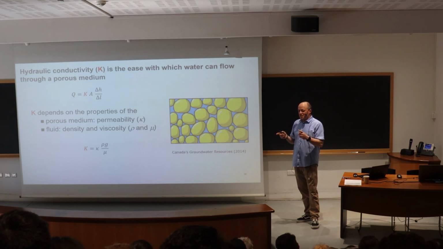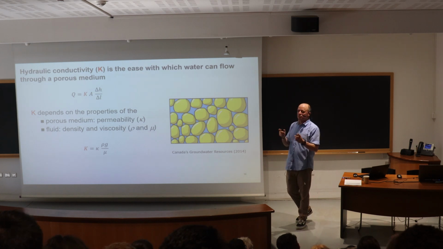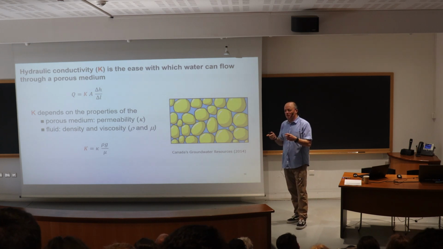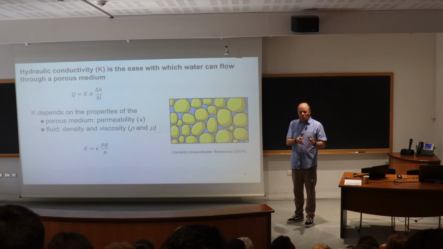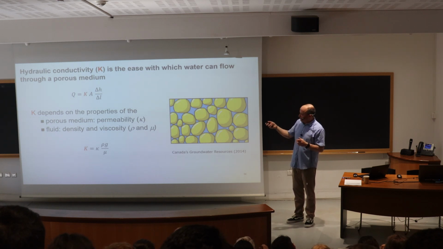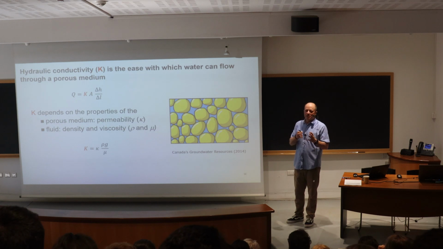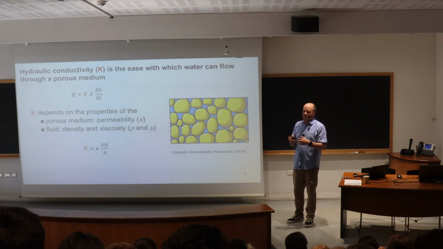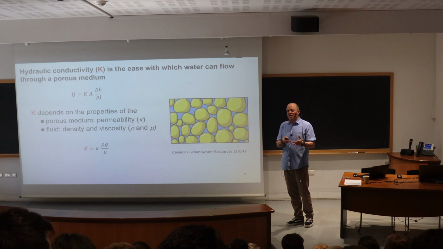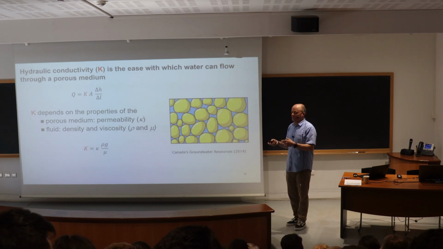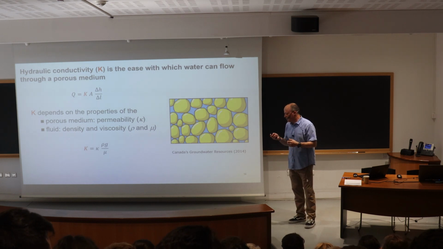So there's a tendency that people use permeability and hydraulic conductivity to define the same thing, but we should be more consistent and use hydraulic conductivity to define this parameter that goes into Darcy's law and keep permeability for the porous medium. I say that because, again, in some textbooks or some papers or reports, you see people writing permeability when they should really be writing hydraulic conductivity.